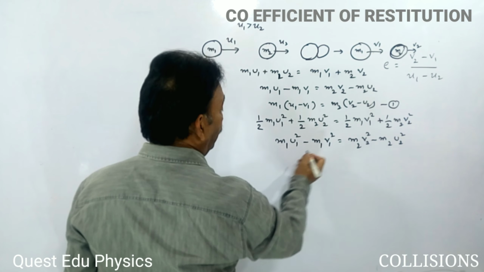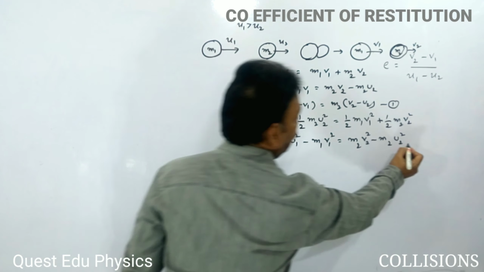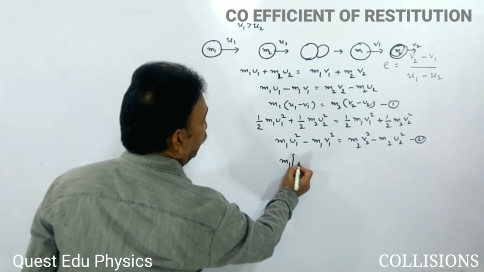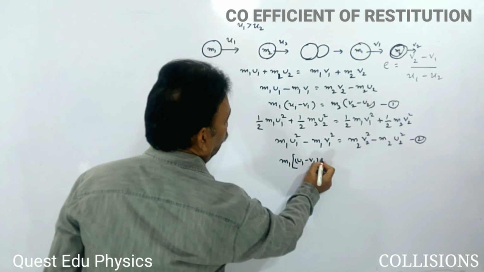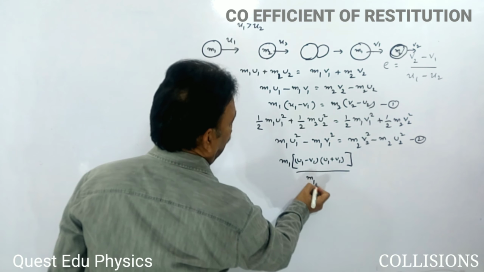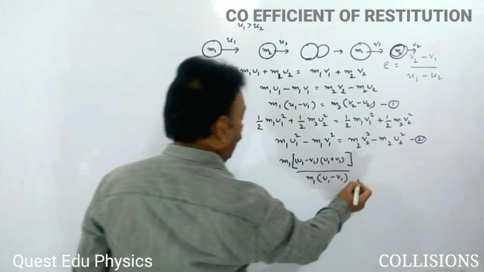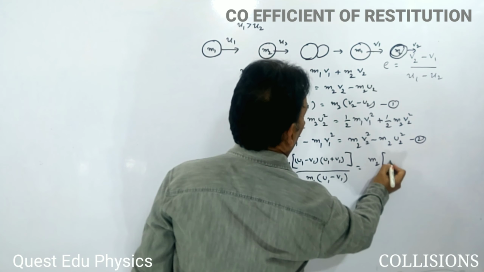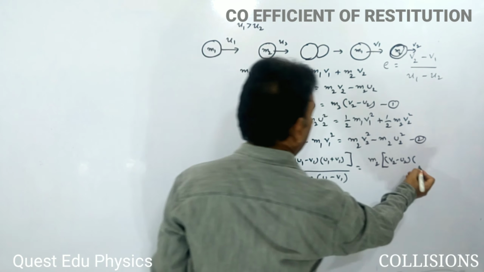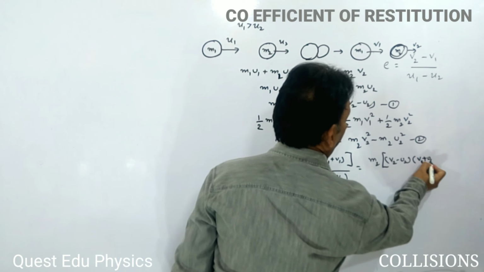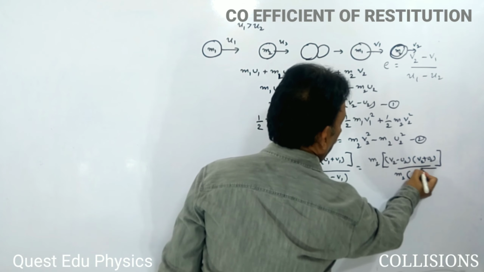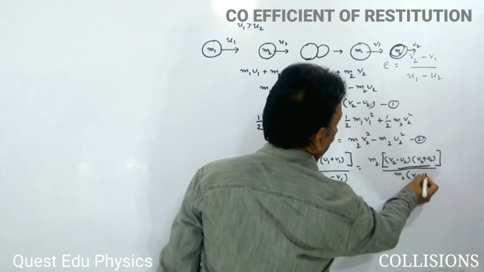Then we divide this by equation 1: m1 of (u1 minus v1) into (u1 plus v1) upon m1 of (u1 minus v1) is equal to m2 of (v2 minus u2) into (v2 plus u2) divided by m2 of (v2 minus u2).